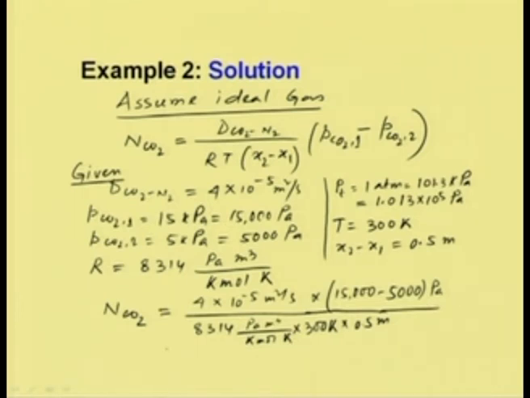If we calculate, this will be equal to 3.21 into 10 to the power minus 7 kmol per meter square second. So, this is the flux of CO2.